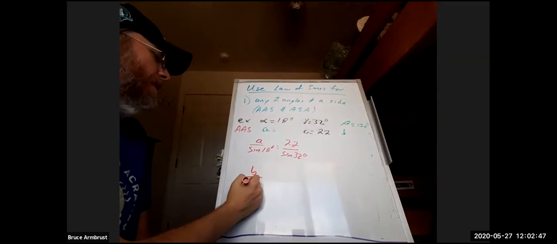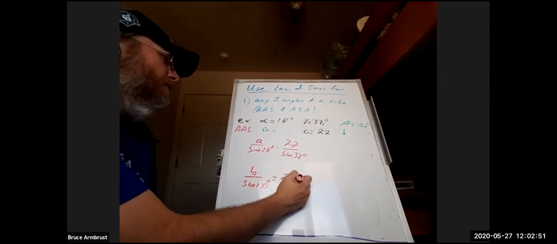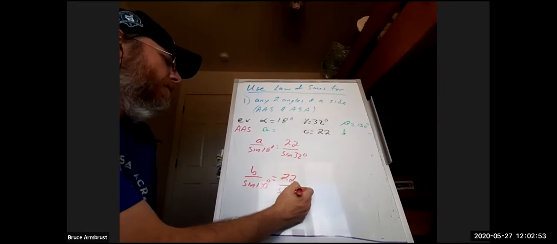I would have B over the sine of 130, again, is going to equal 22 over the sine of 32 degrees. And so both of these, we can go ahead and use our calculator to find. But I'll leave that for you guys.